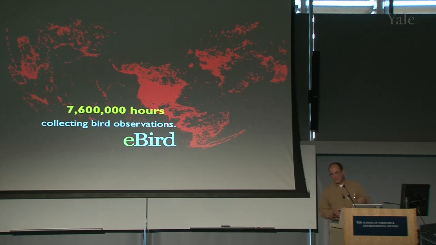But what really is exciting to me personally is the fact that because of the way that we collect eBird checklist data, people tell us how long they were in the field. We get an estimate then of how much time they've actually volunteered to participate in the project. This is, to me, a huge number of hours.